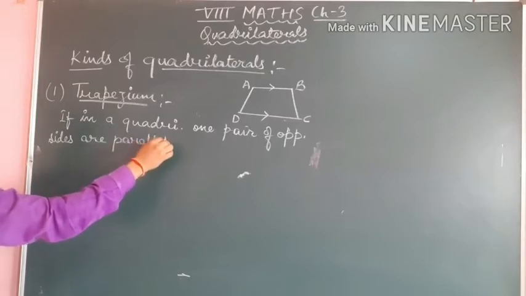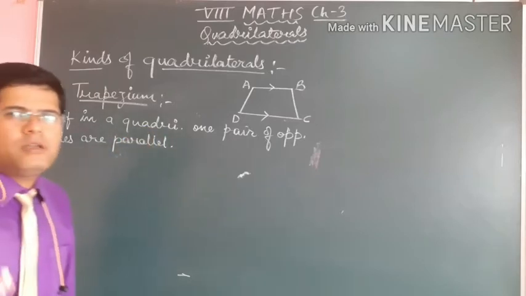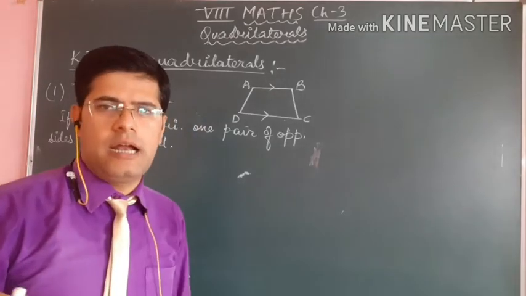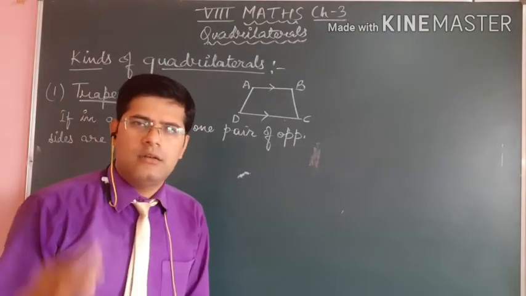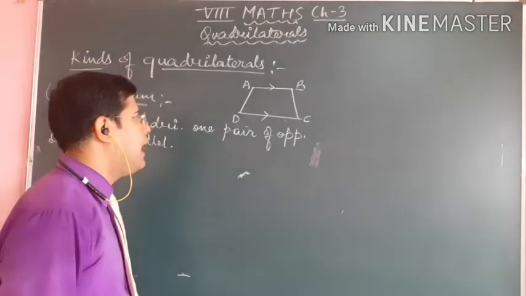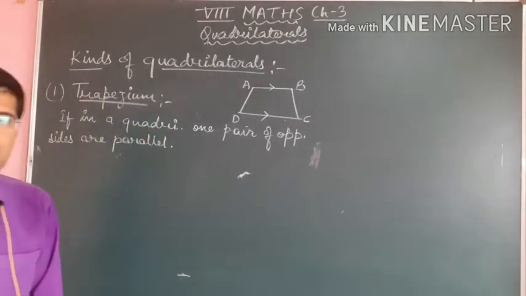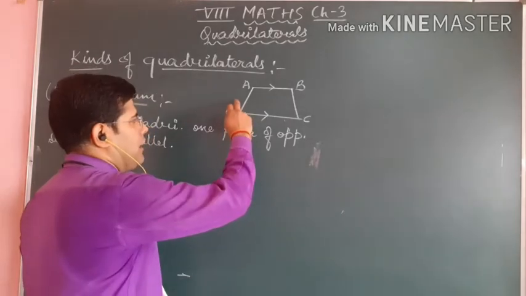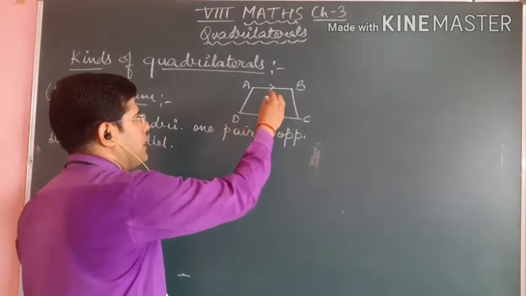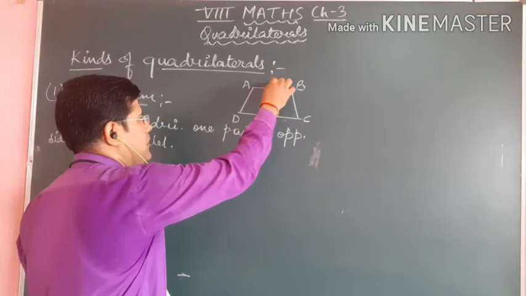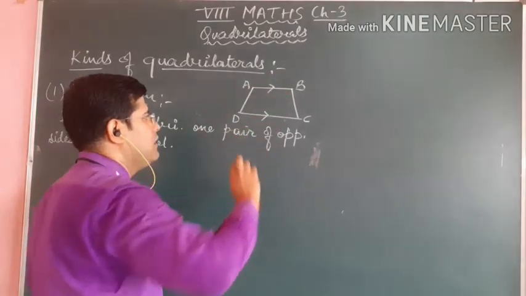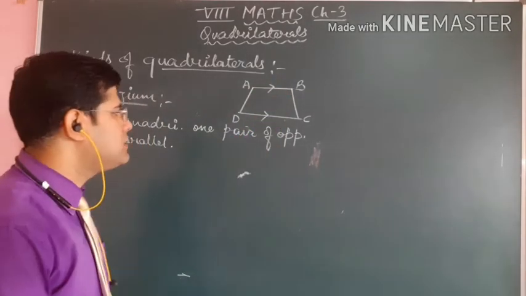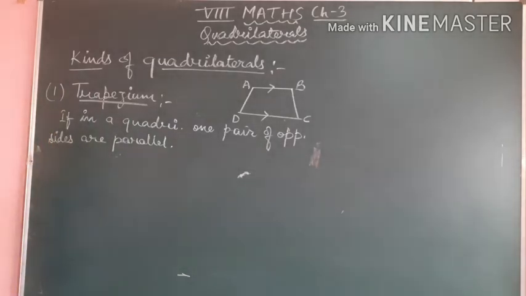Not more than one. Only one pair of opposite sides, either AB or CD, or AD and BC. But by this figure it is not possible to make AD and BC parallel, so we make AB parallel to CD. It means it has one pair of parallel sides, then it is a trapezium.